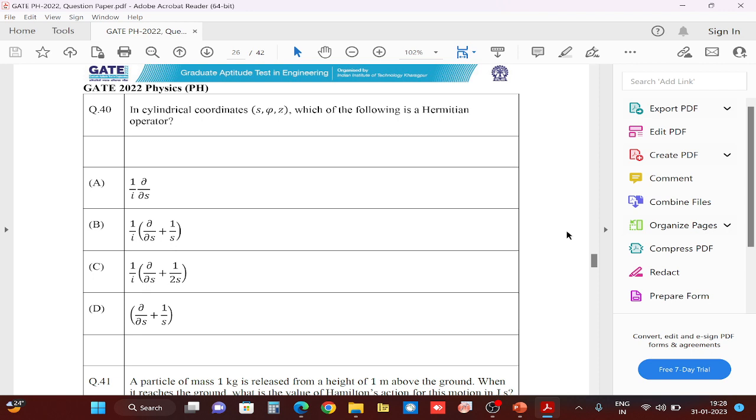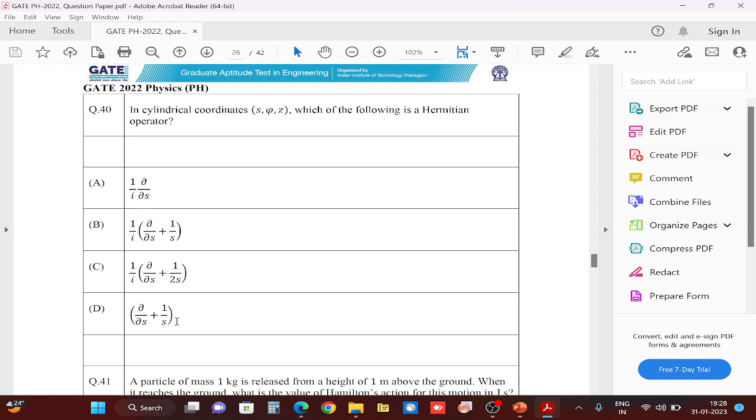I can easily see the answer. Which is the answer? Sir, option D. Why should it be option D? H dagger is H only in option D. But del dagger equals del?